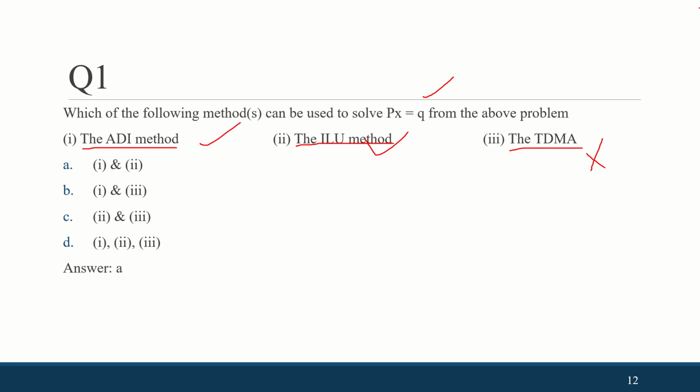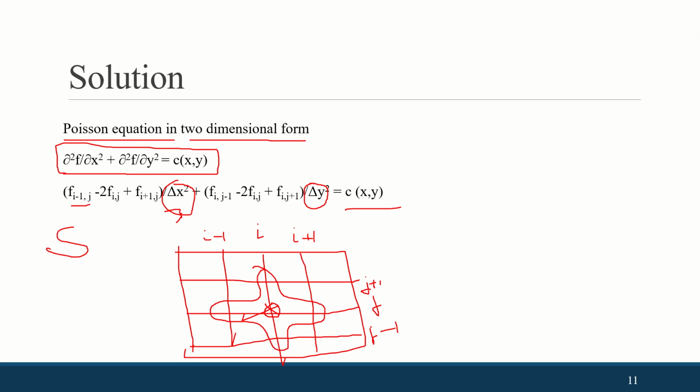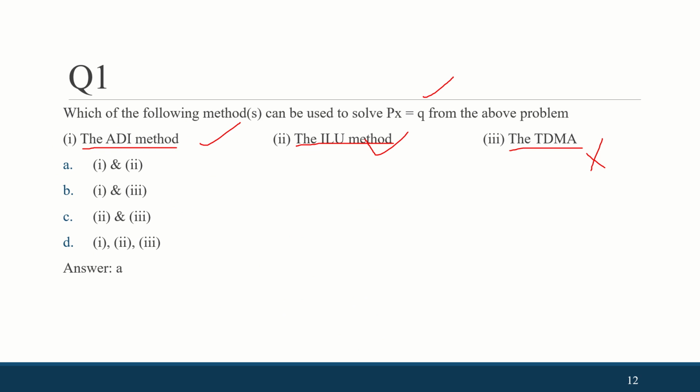I hope you could remember from the last problem solving session, we were not getting the tridiagonal matrix. So the answer is 1 and 2. 1 and 2 is right. 1 and 3, third statement is wrong, and similarly the third statement is wrong.